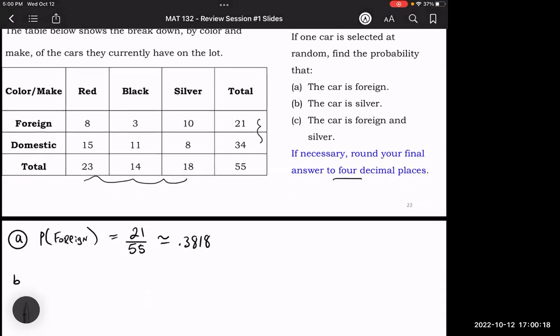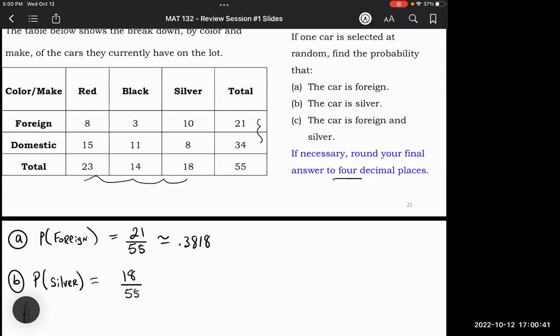Let's look at part B. Part B states the probability of silver. Well, first you look at how many silver cars there are, and you divide it by the number of outcomes you have. So how many silver cars do we have? 18. What was your sample space? 55.